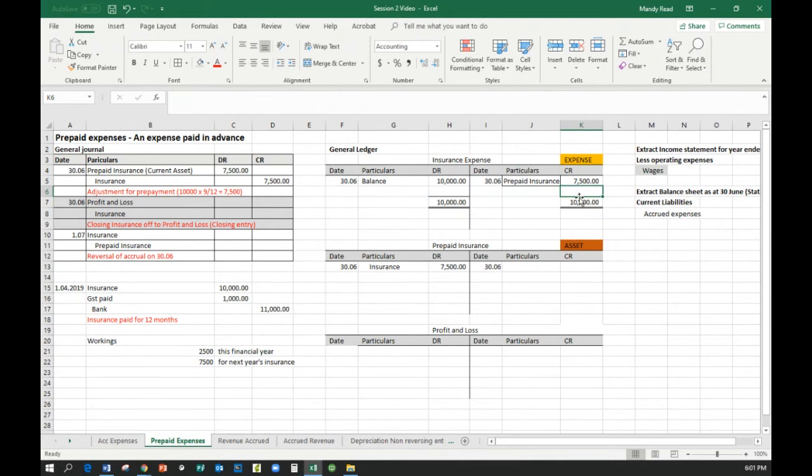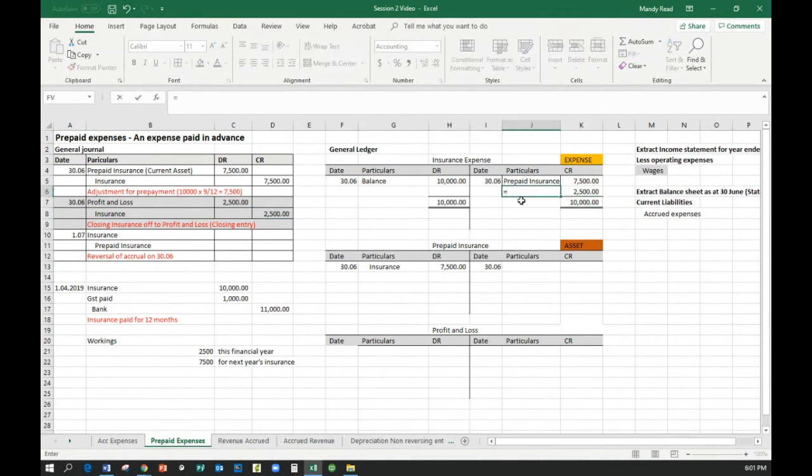So we know the missing figure there is $2,500. That is the expense for insurance that we're going to put into the profit and loss account, and we're going to take it out of the insurance account. So we're going to go into our insurance account and we're going to take out $2,500.